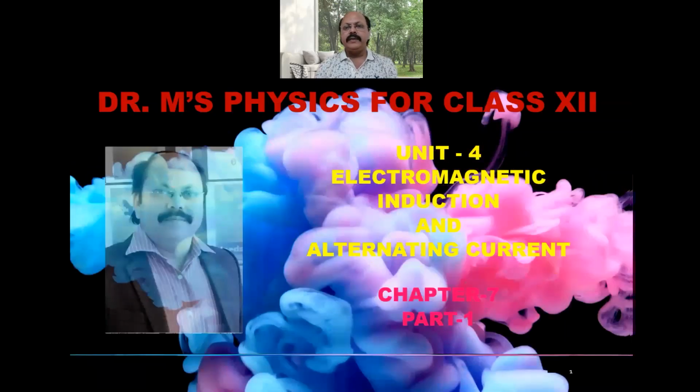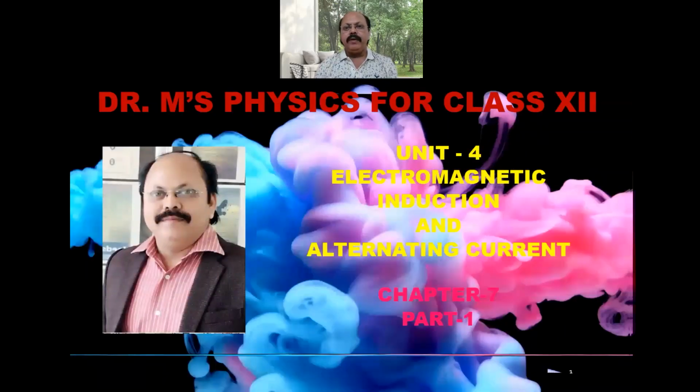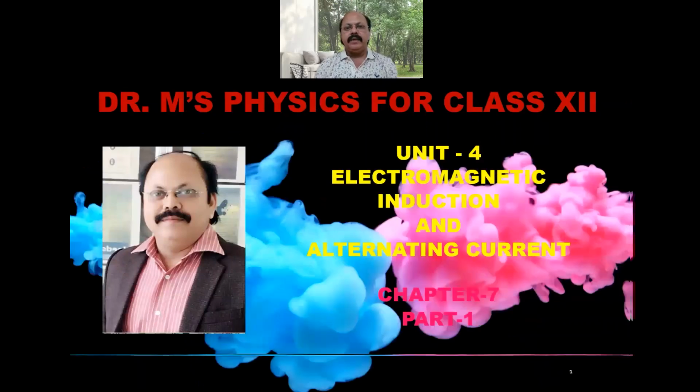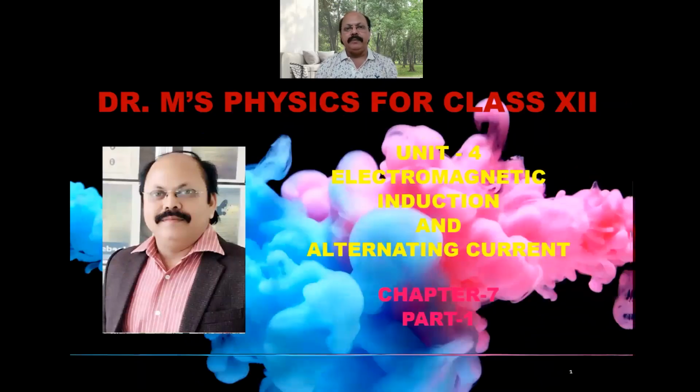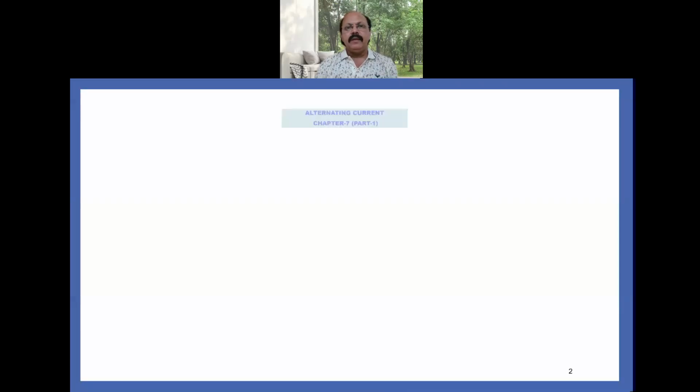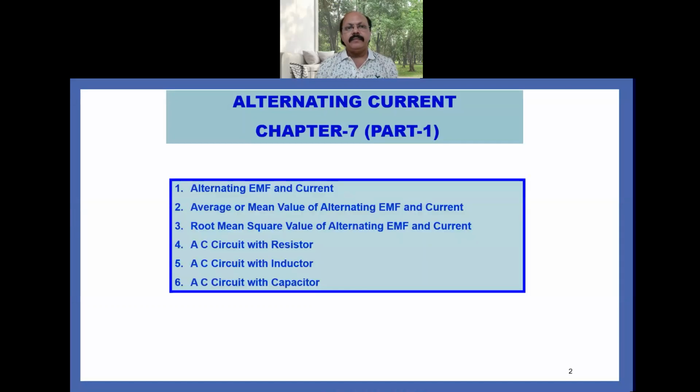Dear students, today's topic of my lecture is alternating current, chapter 7 part 1. In this chapter, I will discuss alternating EMF and alternating current, then average or mean value of alternating EMF and current.